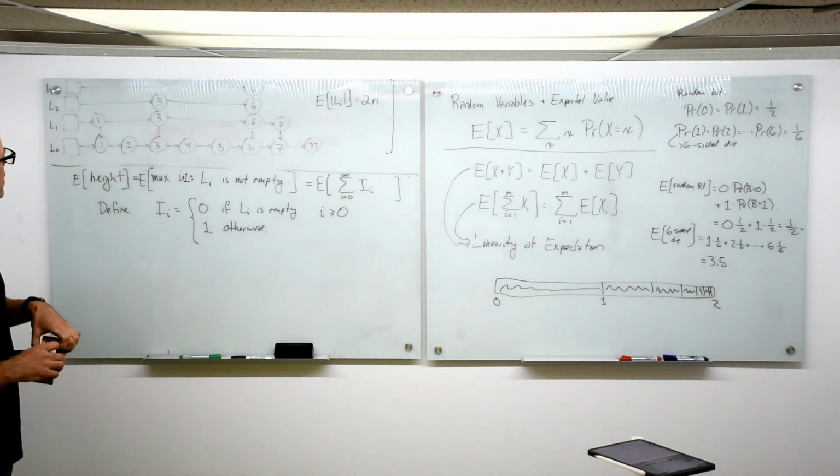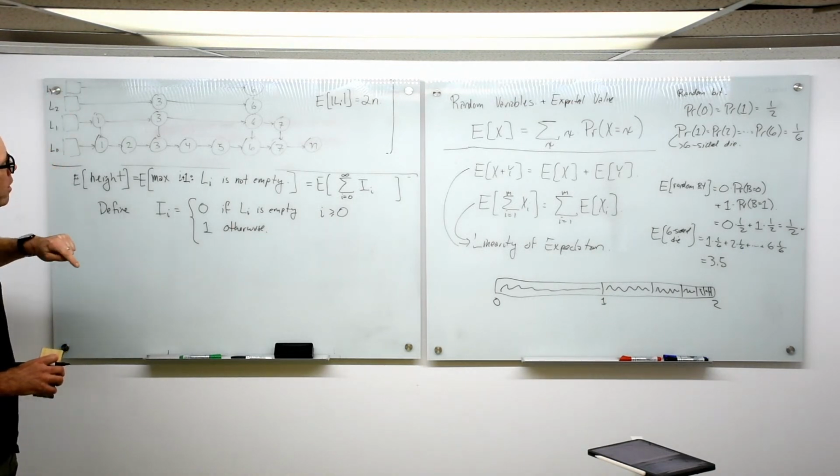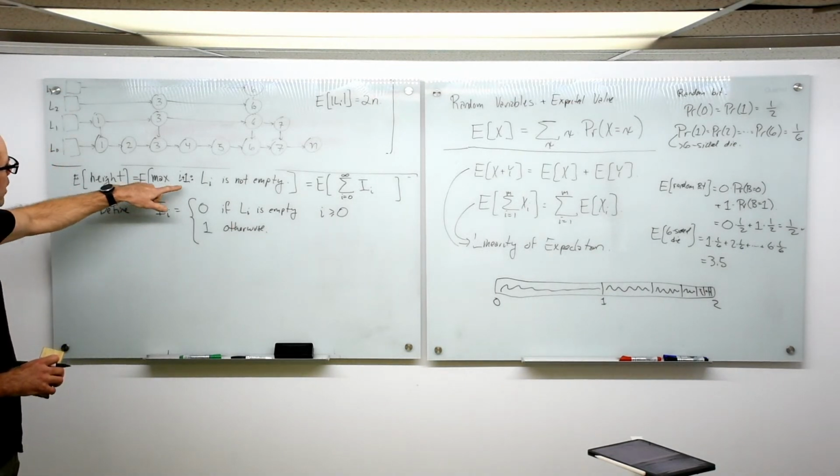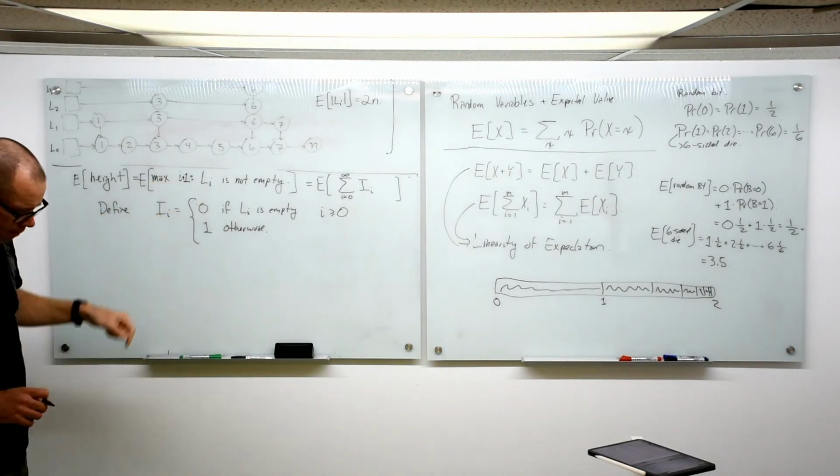I think it makes sense to say height is the number of lists that we have, because then it's the number of sentinels, right? So if L sub 3 is non-empty, that means we have 4 occurrences of the sentinel. So we'll count that as 4 because L3 is not empty. Okay.